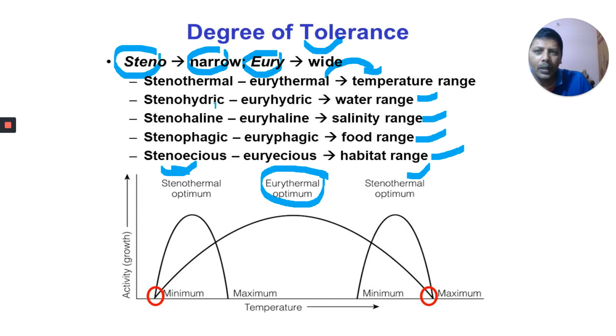Based on that, animals and plants are given different names: stenothermal animal, eurythermal animal, stenohydric, euryhydric, stenohaline, euryhaline, stenophagic, euryphagic, stenoecious, and euryecious, based on habitat range.